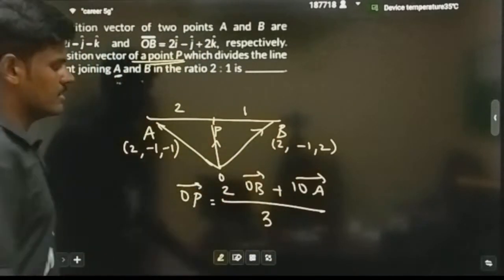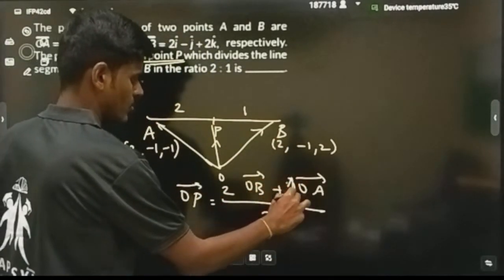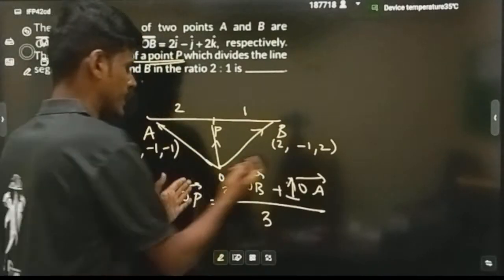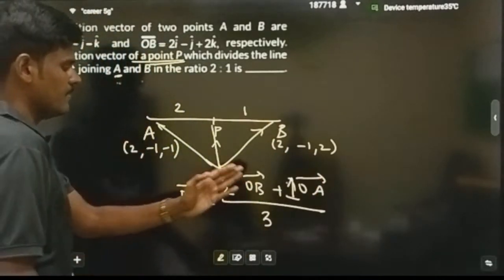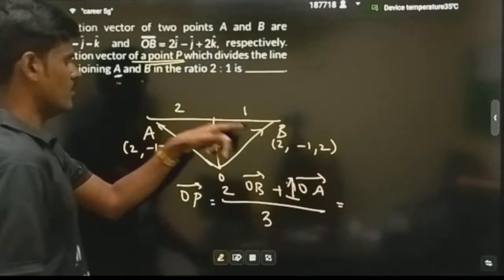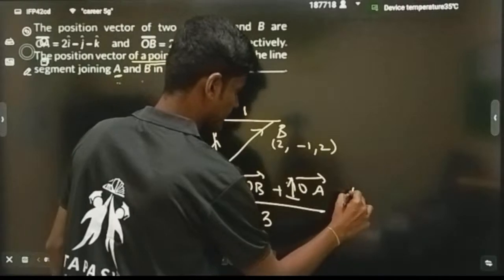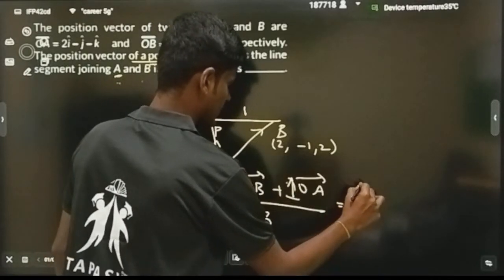Now we can directly write, this is 1 into OA vector. Okay. Now how to find this? Obviously it is very easy. 2 times OB vector, that is 2 into 2, 4, plus 2, 6, i cap.